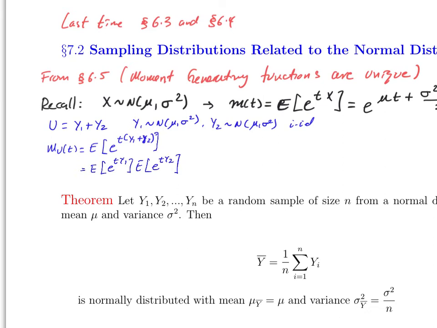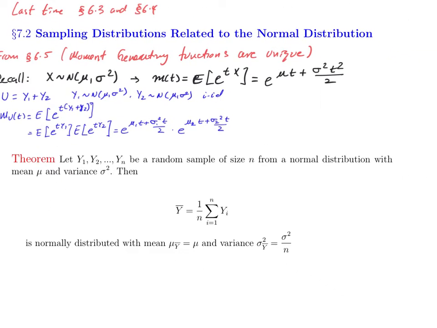And then this will give you e to the mu 1 t plus sigma 1 squared t over 2, times e to the mu 2 t plus sigma 2 squared t over 2.